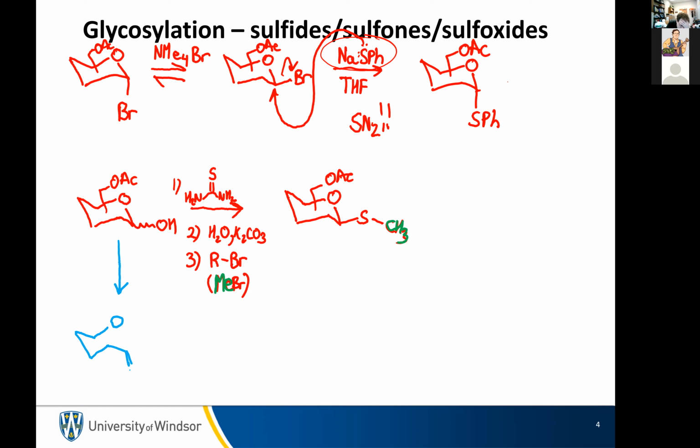But if you remember that this is the aldehyde, and thiourea has a major resonance structure with a negative charge on sulfur.